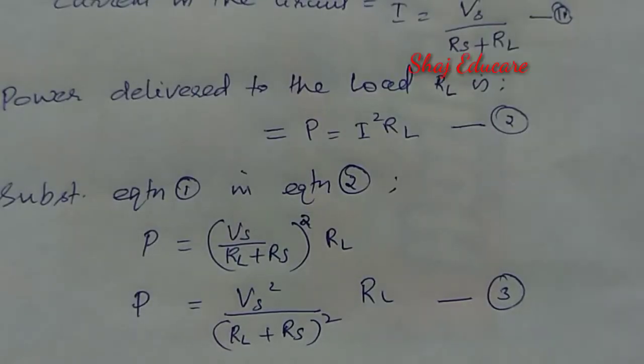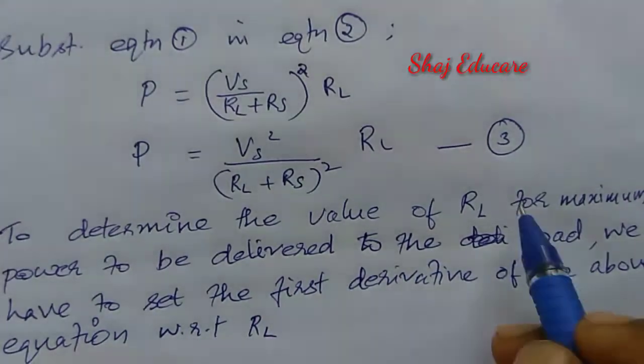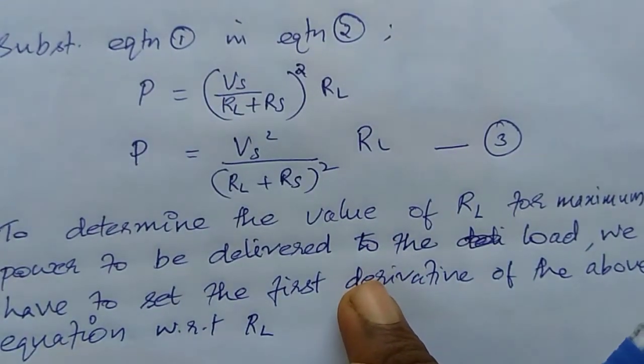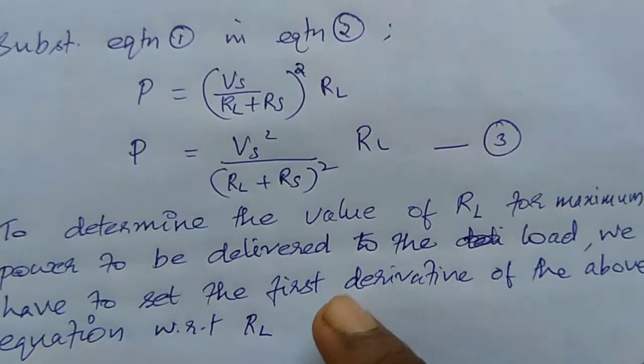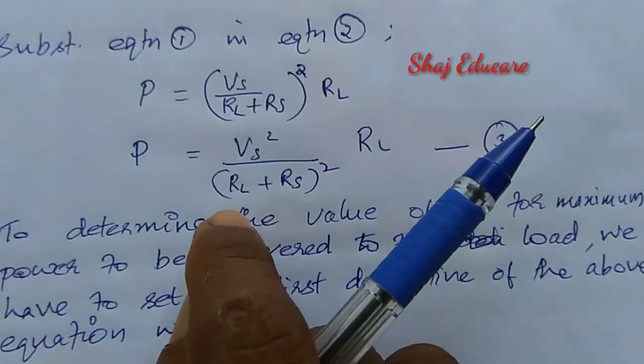All of you might have heard about the concept of maxima and minima in engineering mathematics. In order to find the maximum value, what we have to do is just take the first derivative and equate it to 0 and solve. To determine the value of RL for the maximum power that should be delivered to the load, we have to set the first derivative of this equation with respect to RL equal to 0.